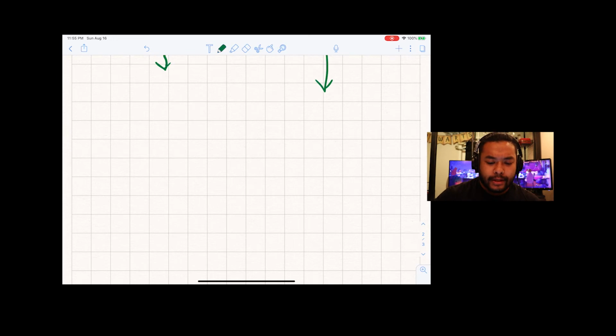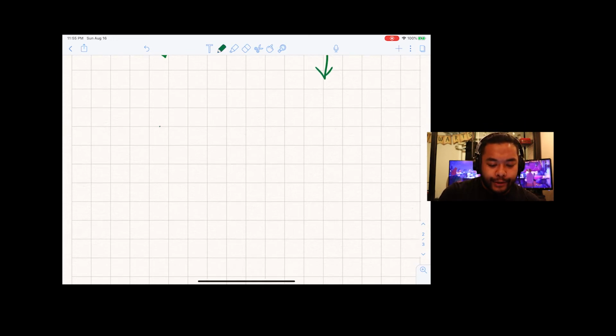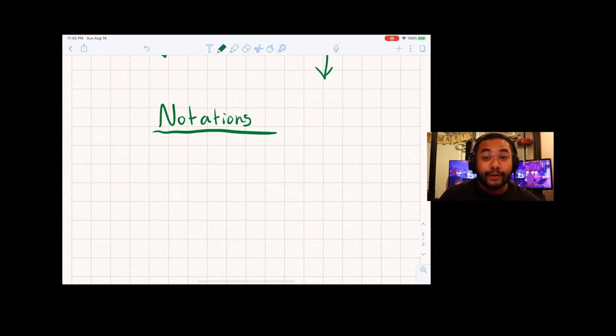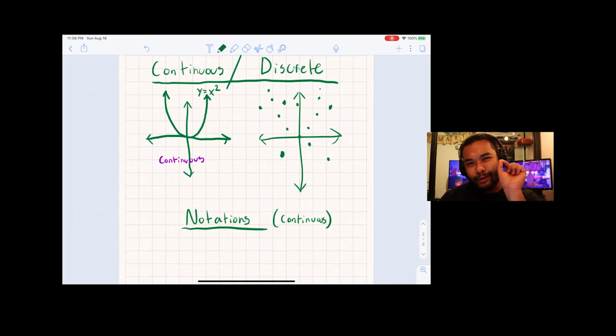So the first set of notations I want to cover are going to be continuous, because these are a little more intuitive of how we should write these down. The discrete ones, the ones where you have point, point, point, point, point, they're a little less straightforward on how we should write them down, but not too complicated.